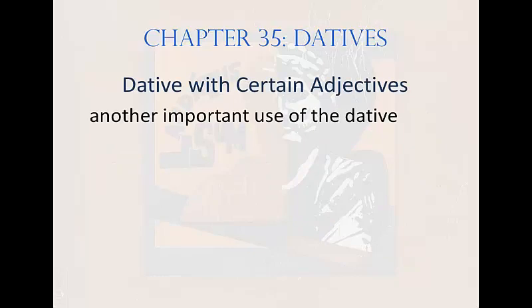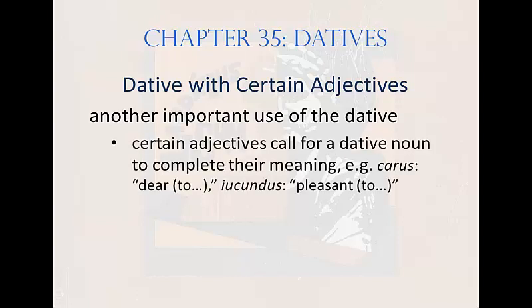The final important use of the dative we'll discuss in this chapter is also the simplest, the dative with certain adjectives. Some adjectives, just by their nature, call for a dative, like carus, meaning dear, to, and iucundus, pleasant, to. To these could be added many more, such as amicus, friendly, to, par, equal, to, and similis, like, to or unto.